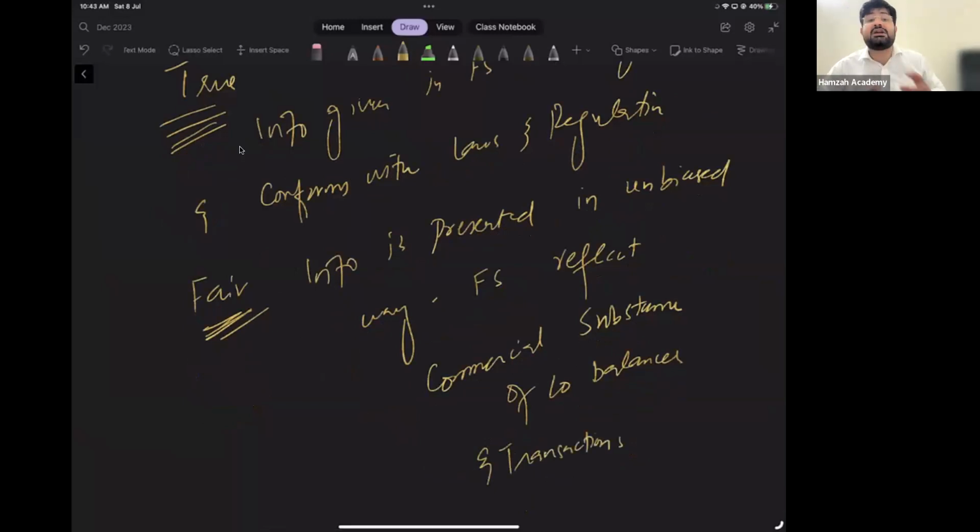Commercial substance. Commercial means what is actually happening in the company. What assets are actually present in the use of the company. Sometimes it happens, fraud in the business sector. Assets are in the name of another company and used by some other company to manipulate things. So there is a rule that whatever is within the use of the company, whatever the actual transactions are.